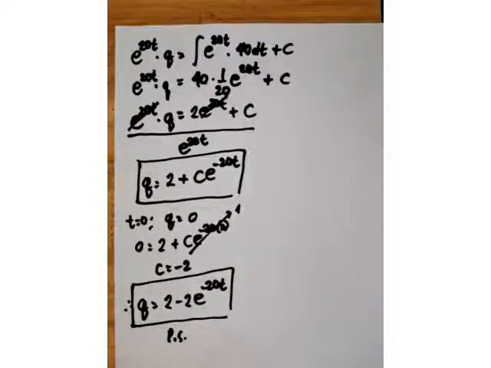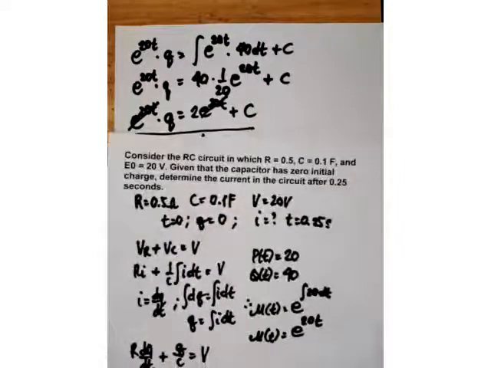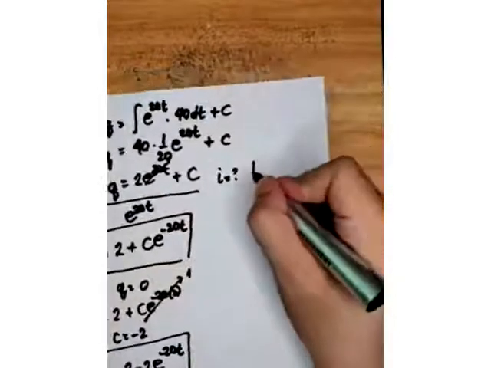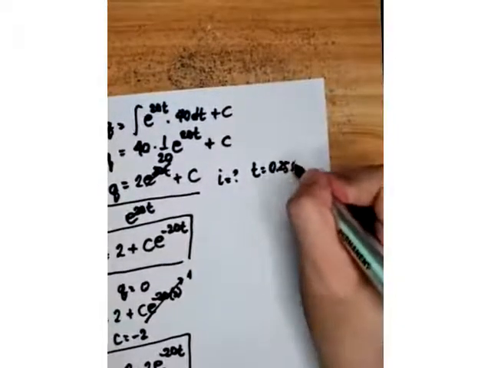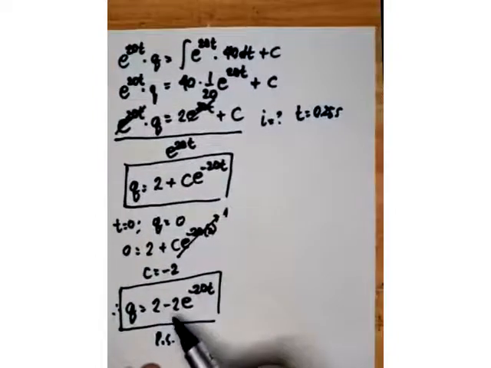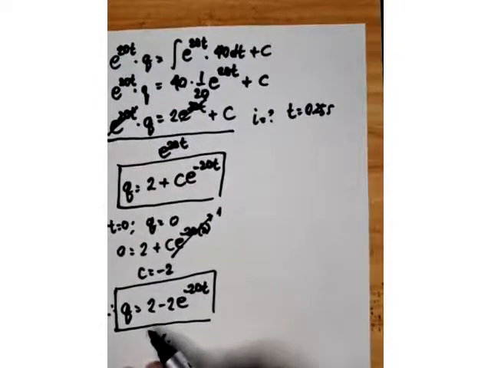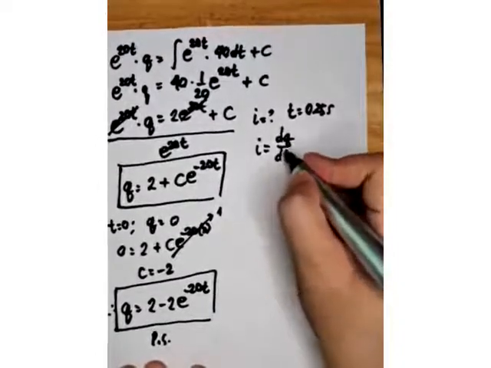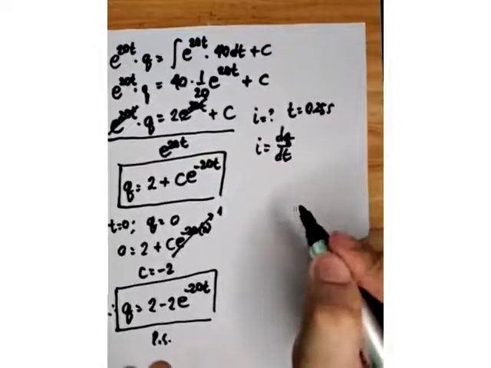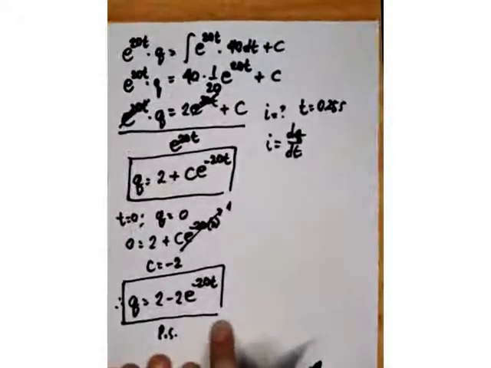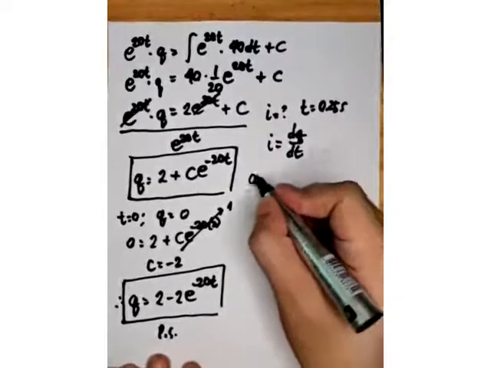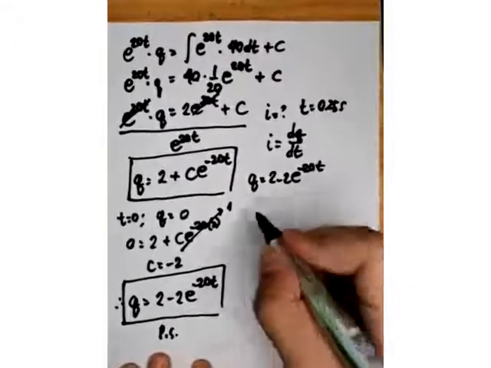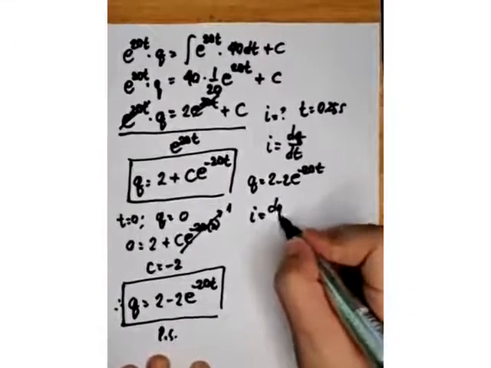Ang tinatanong ay, we will go back to the question, what is the current? So, what is I when t is equal to 0.25 seconds? But our equation is in terms of Q. Okay? In terms of Q. Ano ba yung I in terms of Q? I is equal to dq over dt. So that means we will get the first derivative of this one. So if Q is equal to 2 minus 2e raised to negative 20t, so what is I? That is dq over dt.